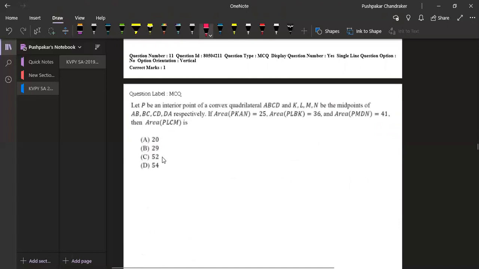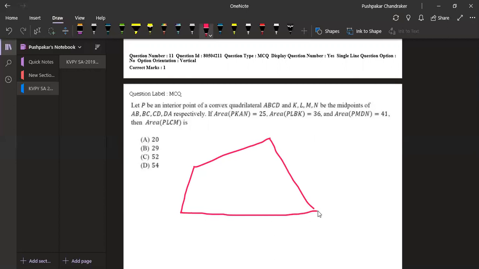Question number 11. This was a little tricky question in geometry. P is an interior point of a convex quadrilateral. So draw a convex quadrilateral, something like this you can draw.